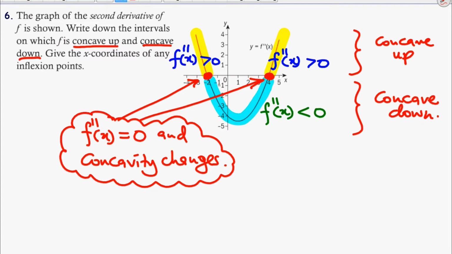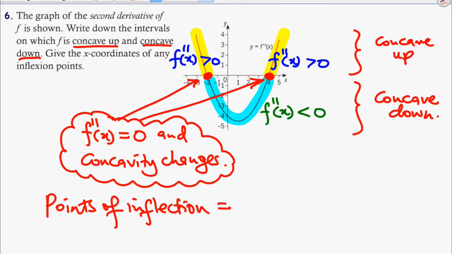So the points of inflection occur at x is equal to -2 and x is equal to 4. So that's the first thing that we get.